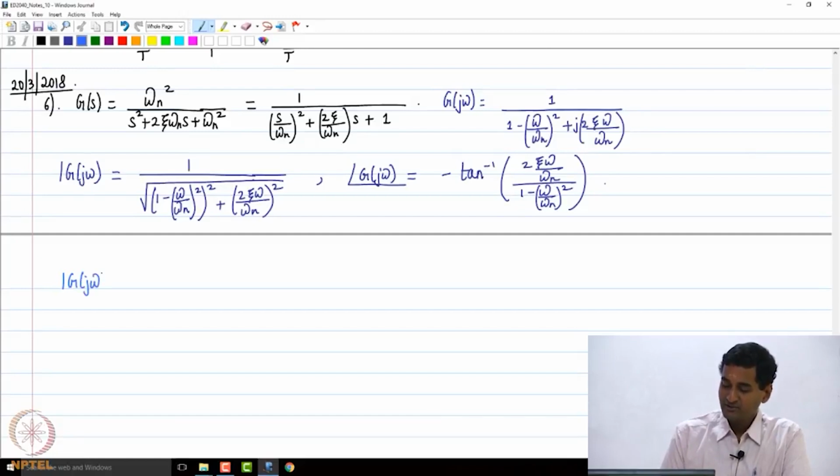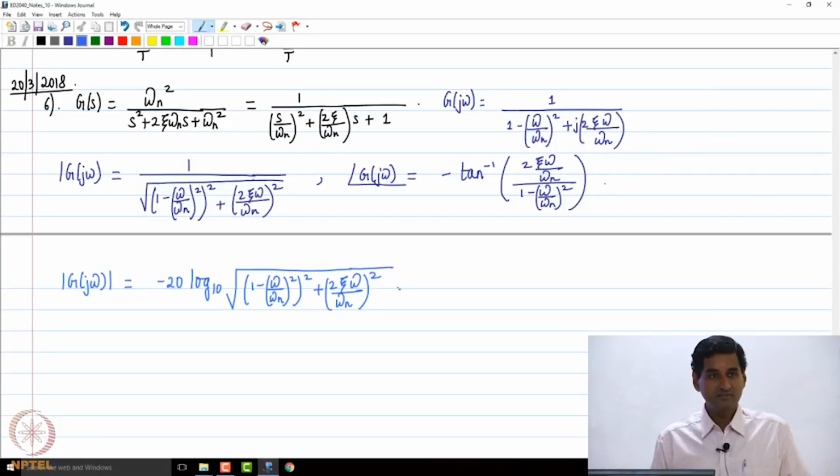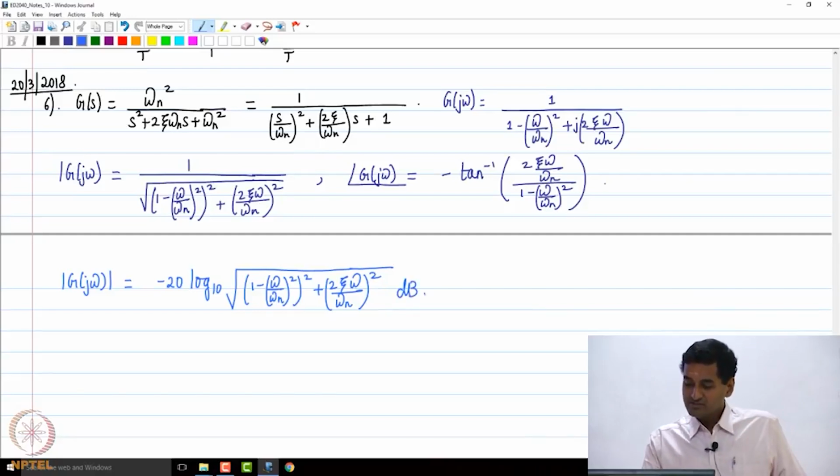The magnitude of this particular factor in decibels is going to be minus 20 log to the base 10 of the square root of 1 minus omega by omega n whole square, squared, plus 2 zeta omega by omega n whole square. So, this is going to be in decibels.